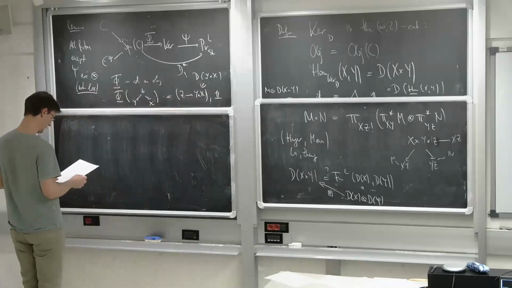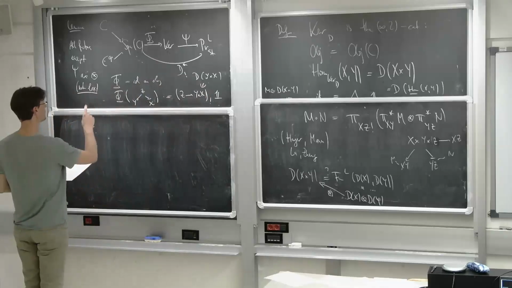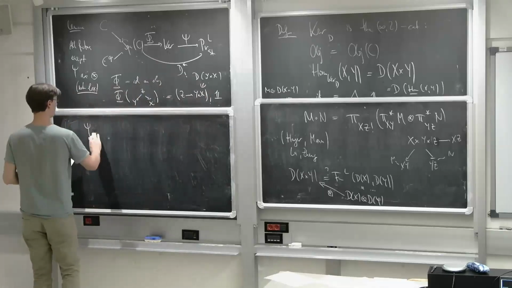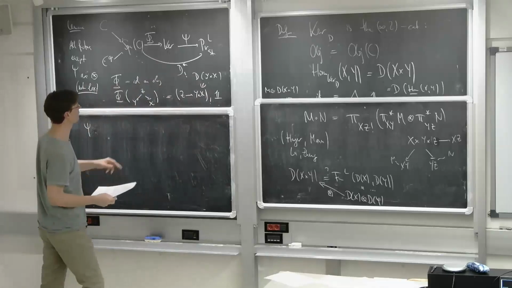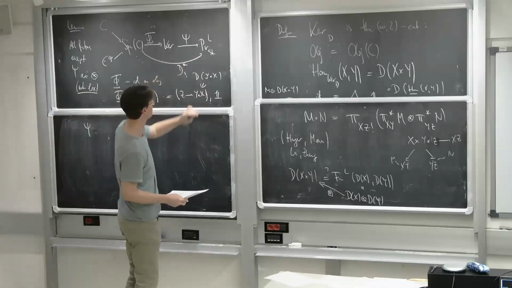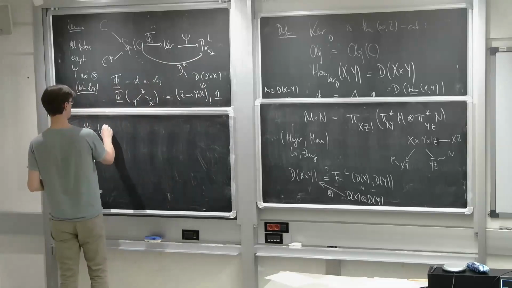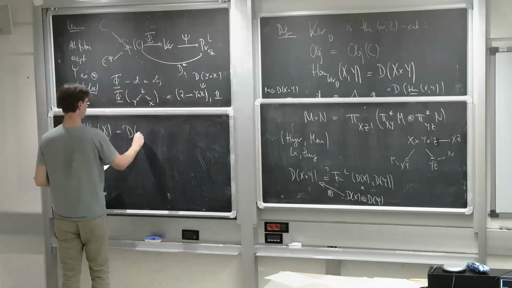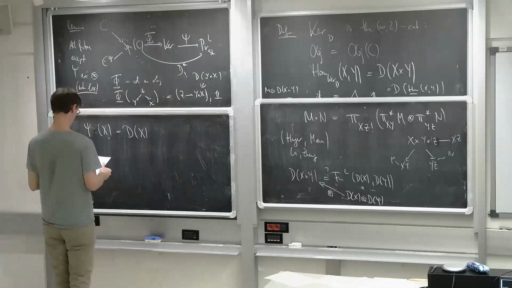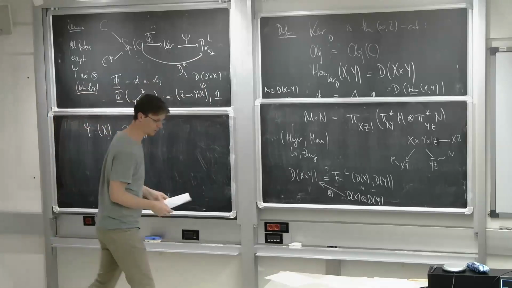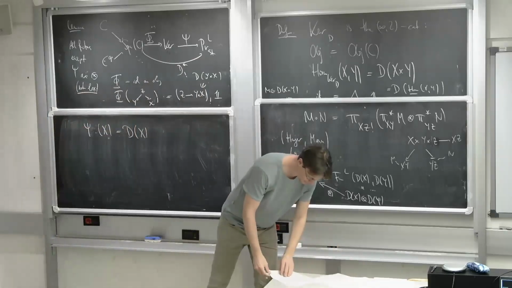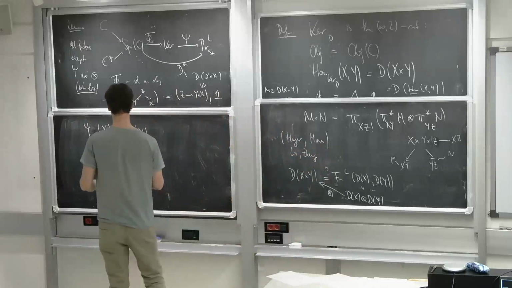Okay. That is the first functor. What is the other functor? Psi. So once again, it goes from this kernel category to PRL. On the level of objects, this is just going to be D. And on the level of morphisms, now we have to do what?